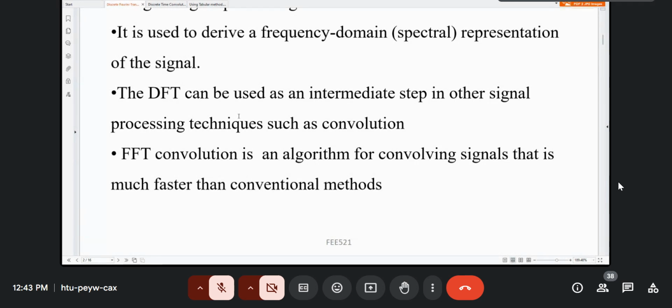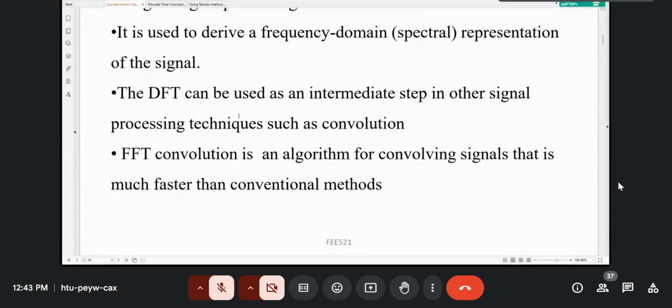If you use the DTFT, first of all, the DTFT is a continuous function, which you cannot use in digital systems. That's why we use the DFT. The DFT just means you are doing frequency sampling of the continuous DTFT. That's the most important thing to understand.